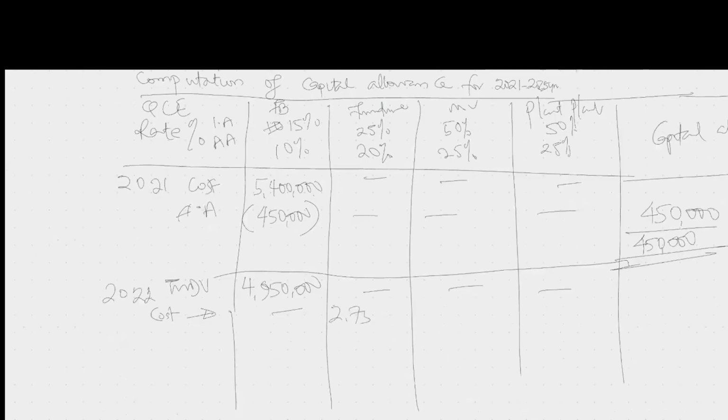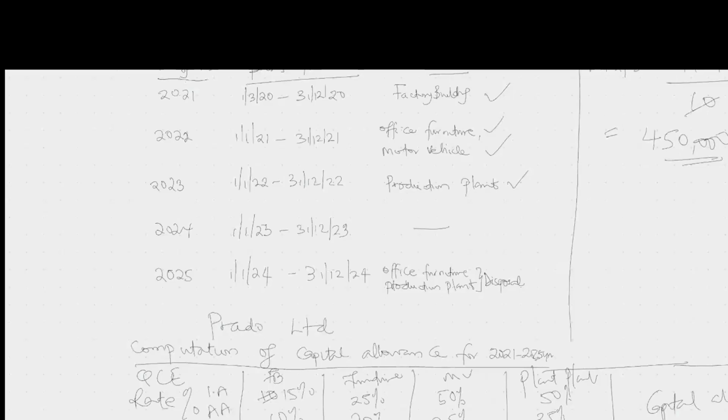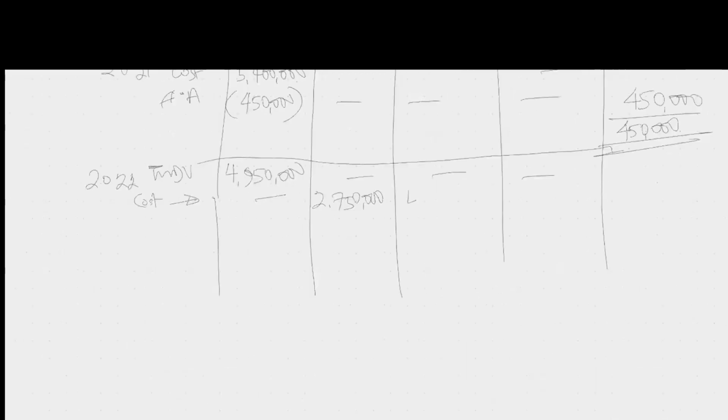Motor vehicle is 4,500,000. 4.5. 4,500,000 naira. Thank you.